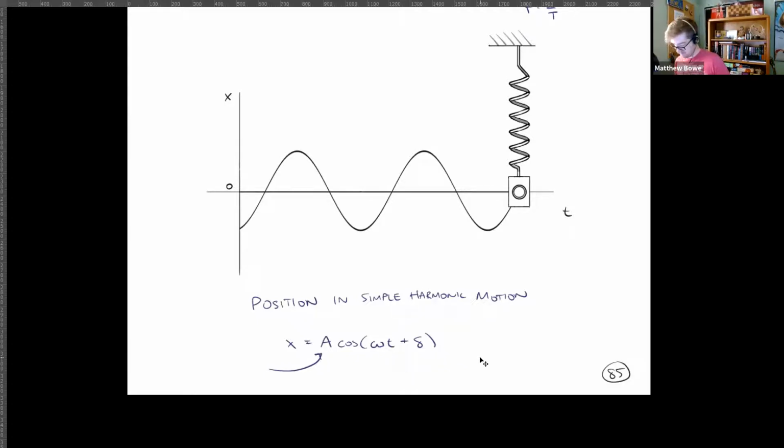I'll put this right here. Amplitude, phase. So amplitude, that's pretty easy to see what it is. That's this specific position.